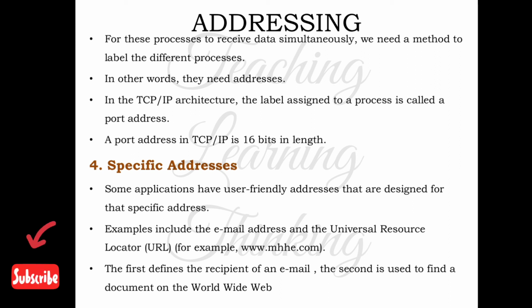And the fourth one is specific address. Some applications have user-friendly addresses that are designed for the specific address. Examples include the email address and the universal resource locator, URL. For example, www.mht.com, and also an email address, for example at gmail.com.